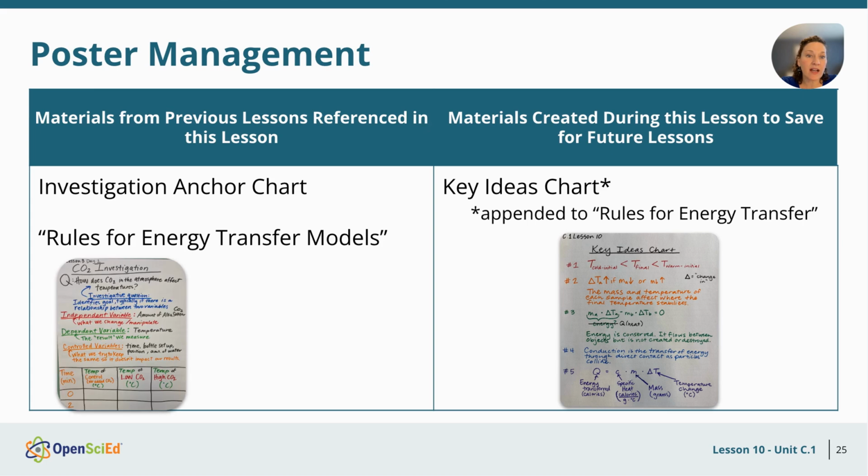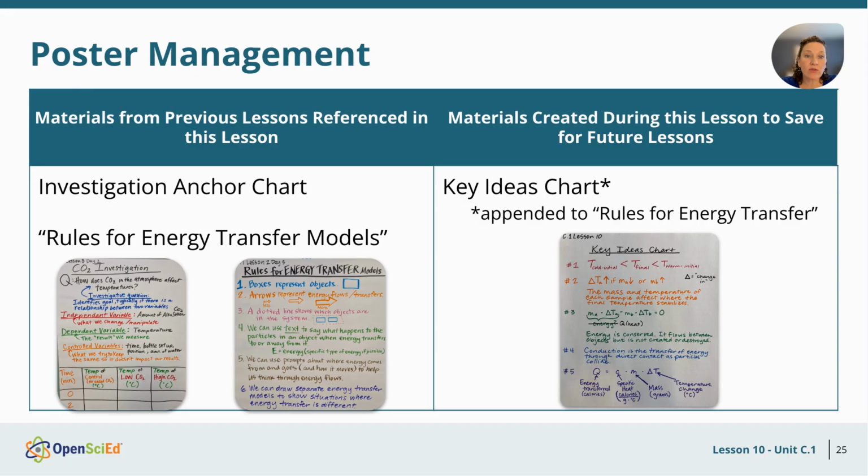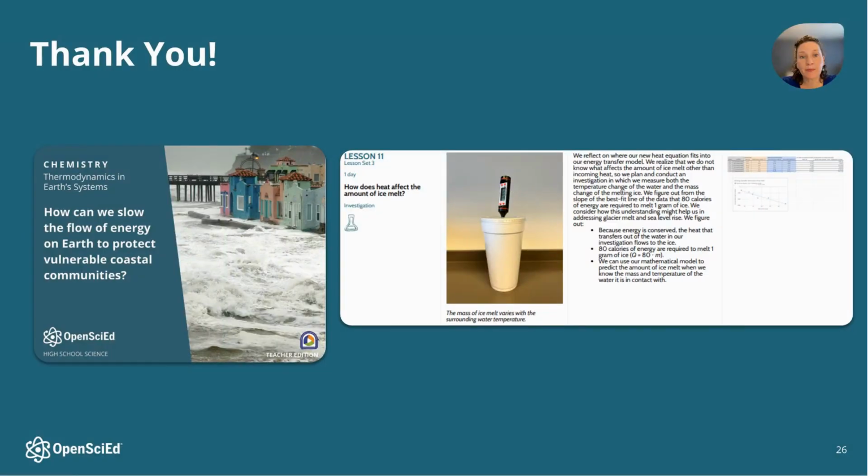There's the investigation anchor chart that's from lesson 3, and then the rules for energy transfer models from lesson 2. And of course, you'll be creating the key ideas chart throughout this lesson that you can append to the rules for energy transfer chart.